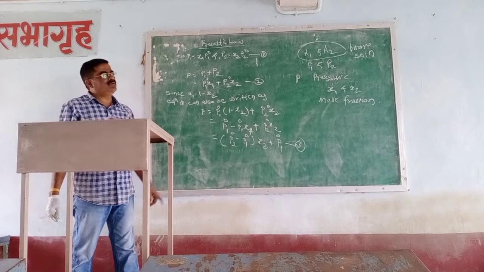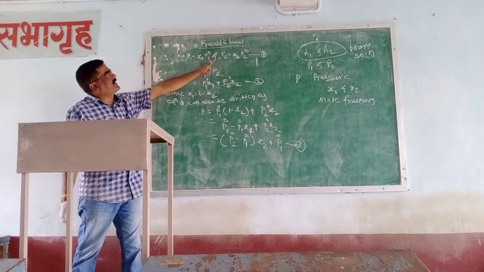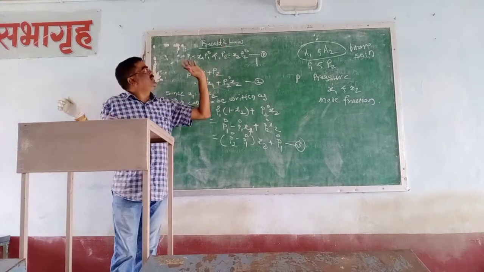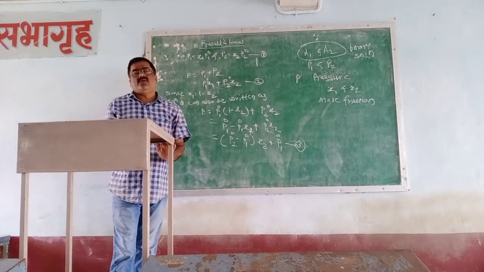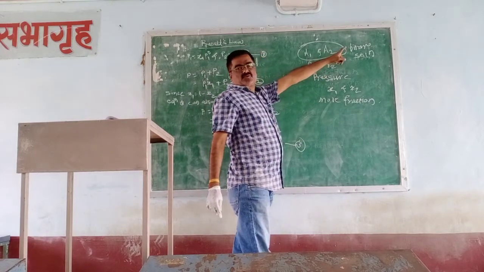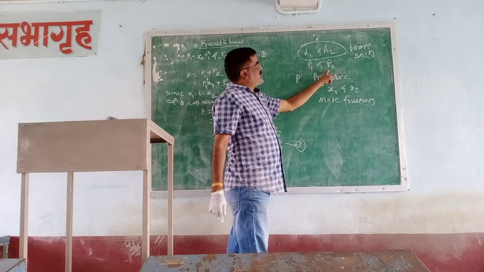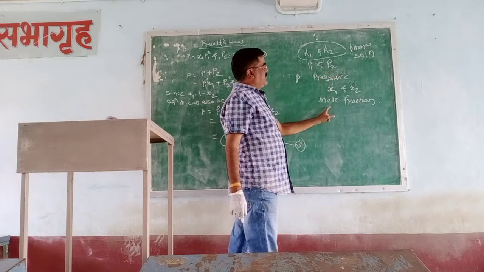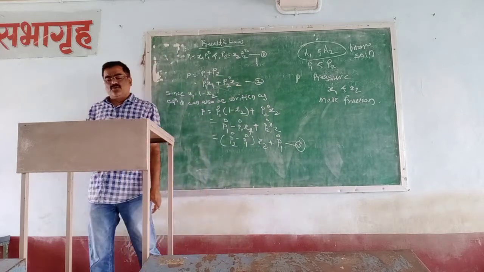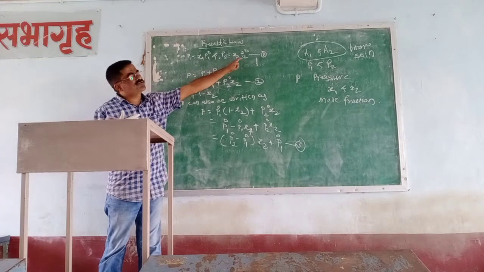Total pressure is P1 plus P2, but P1 is equal to X1 P1 naught and P2 is equal to X2 P2 naught according to Raoult's law, where A1 and A2 are the components in the binary solution, P1 and P2 are the partial pressures and X1 and X2 are the mole fractions.